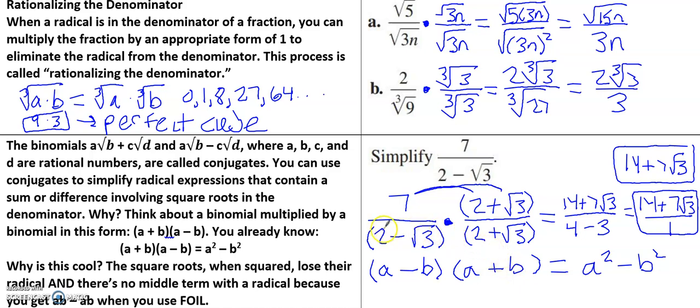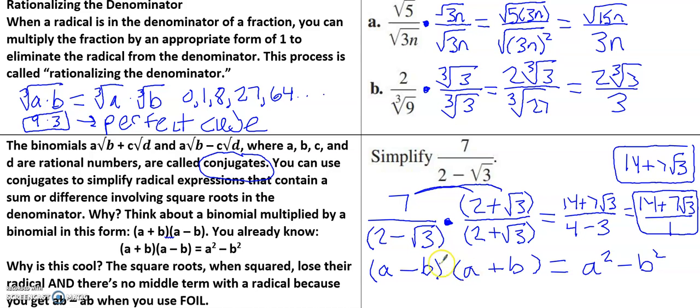Okay, when you have a form like this, a minus b, we call the conjugate. When you say, instead of 2 minus root 3, it's 2 plus root 3. This is the conjugate. 2 plus root 3 is the conjugate of 2 minus root 3.